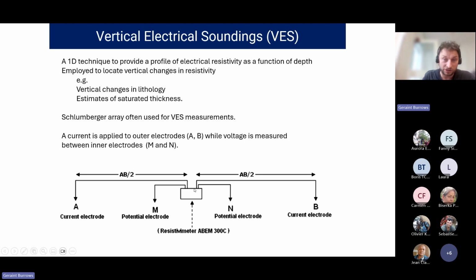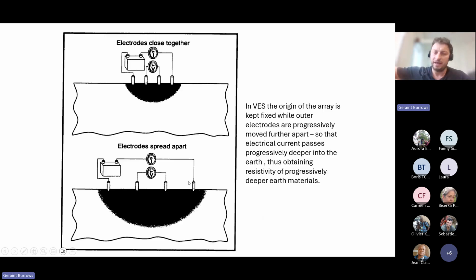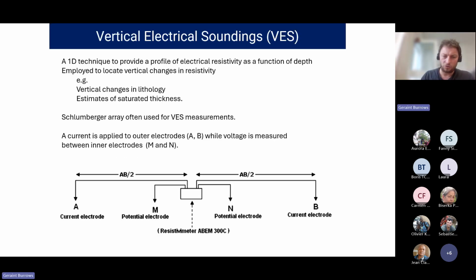Normally a Schlumberger array is used for this kind of VES measurement. You keep your central point the same, and then you slowly expand out both your A and B electrodes, which pass the current, and your M and N electrodes, which measure the voltage difference. So you're slowly expanding those out.